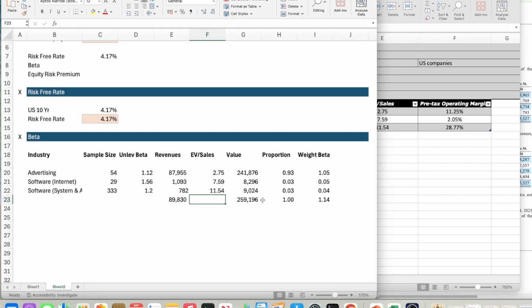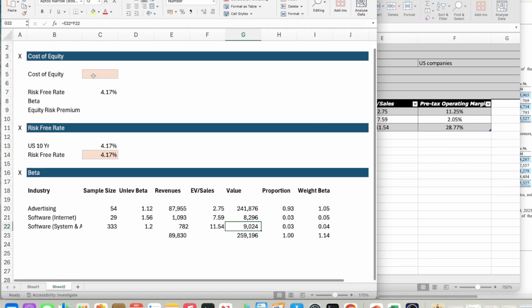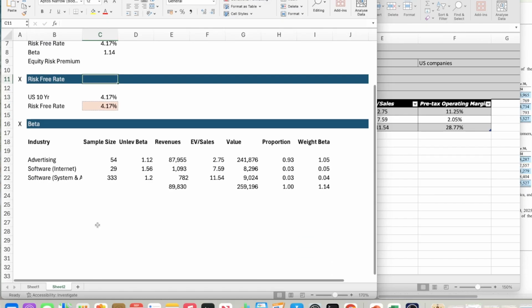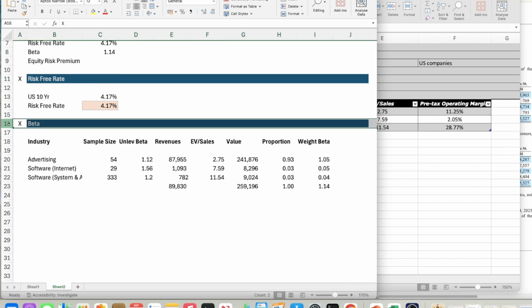But this is quite interesting, that such a small amount of their revenue, because the EV to sales is so high, becomes a huge part of the company value. So the beta, there we go. Now the last one, equity risk premium.